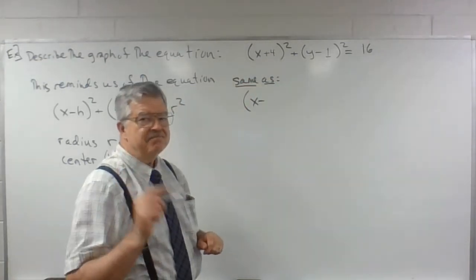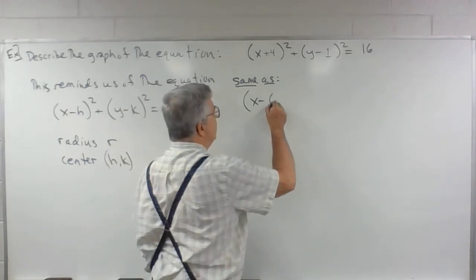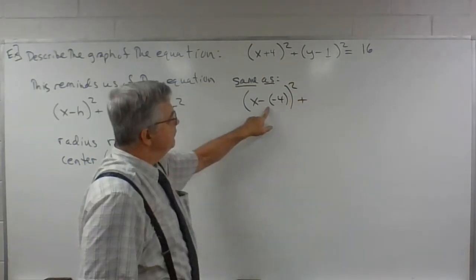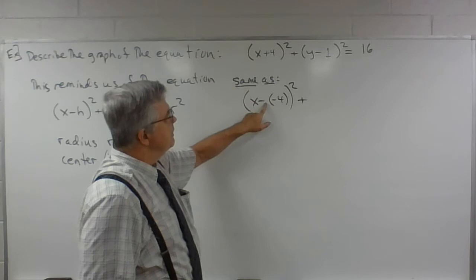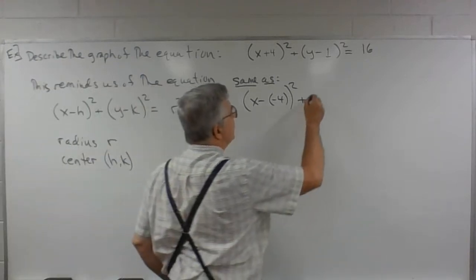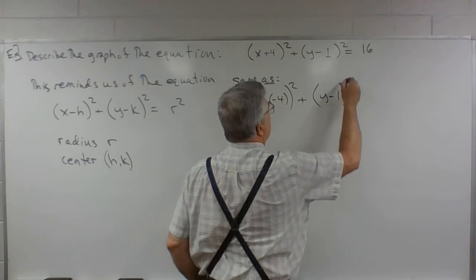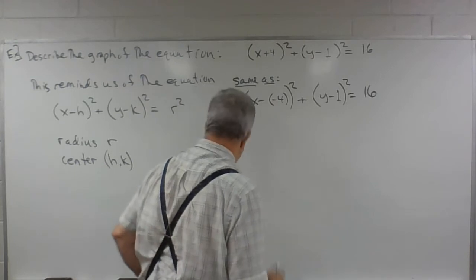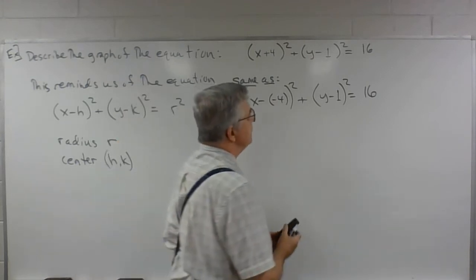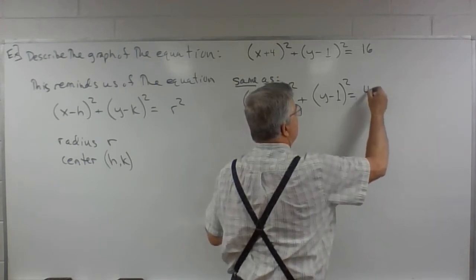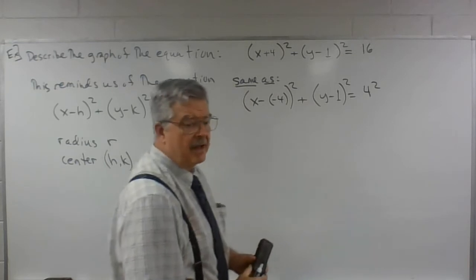If you're thinking minus 4, you're right. This is exactly the same as that, but now this fits the standard form of the equation of a circle. And maybe to make this fit even better, instead of writing 16, maybe I should write 4². How about that?